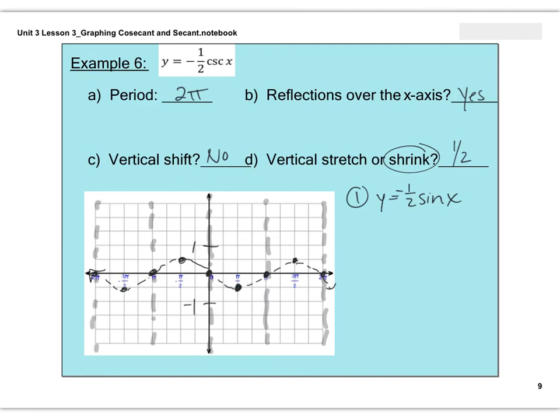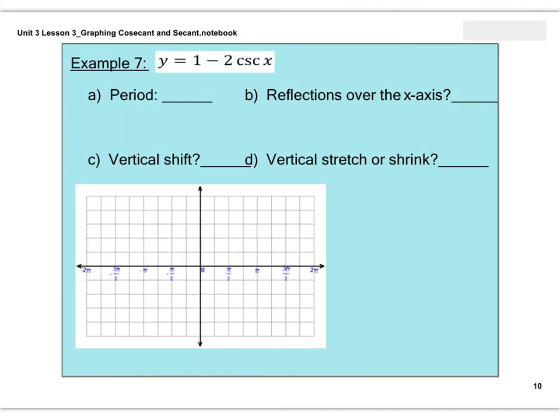Okay, there's our vertical asymptotes, and now we draw in our actual cosecant graph. So just reflect the hills and valleys. And there it is. The red stuff is actually our graph.